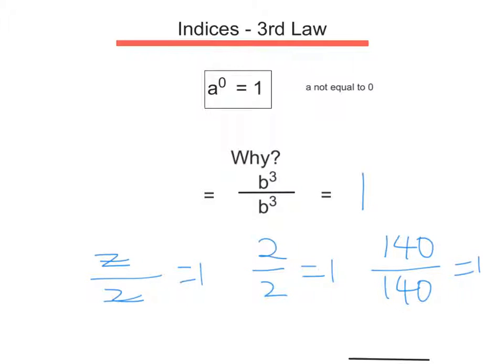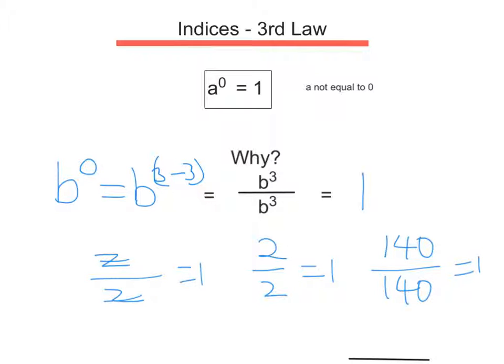So b cubed divided by b cubed is the same as b to the 3 minus 3, subtracting the powers when you divide the numbers. 3 minus 3 is 0, so b to the power 0 is equal to b cubed over b cubed, which is also equal to 1.